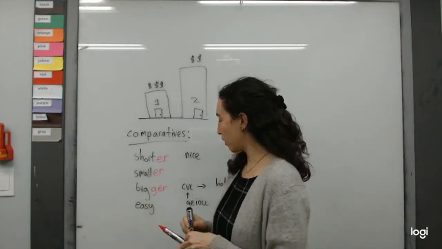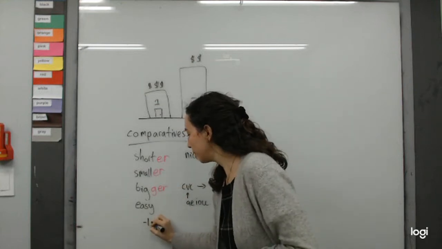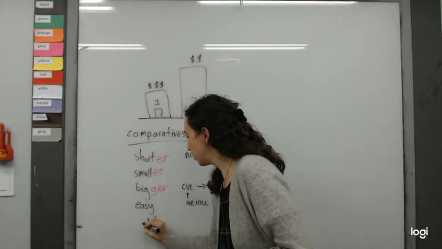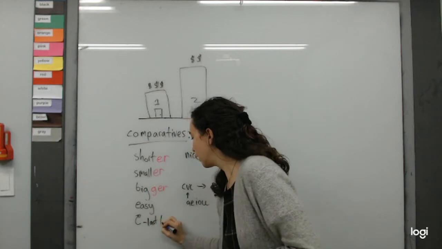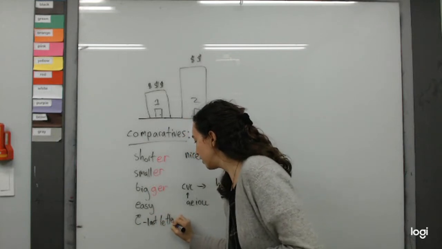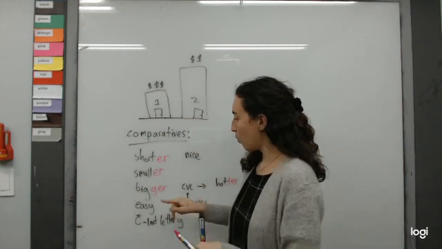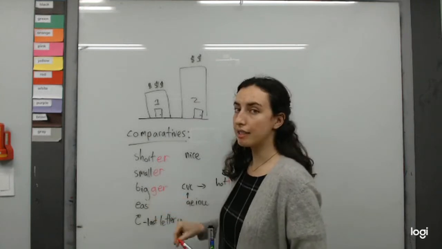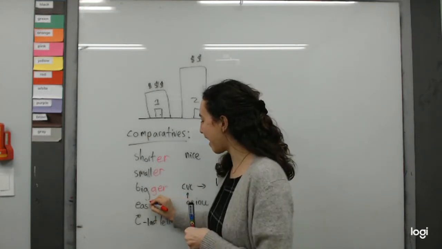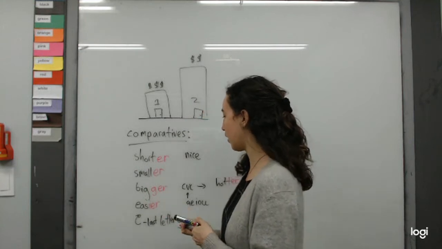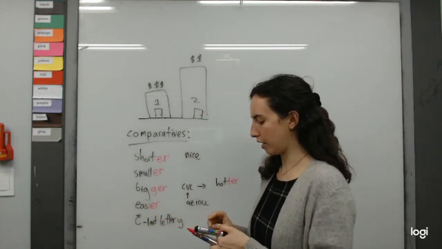Now, when we have words with last letter Y, the Y changes. It is not Y anymore. It becomes I, and it becomes IER. So we have easier.